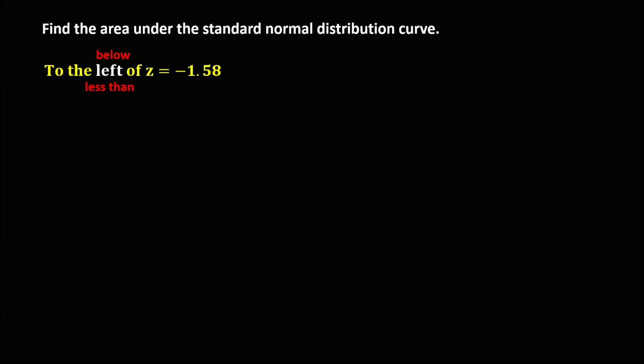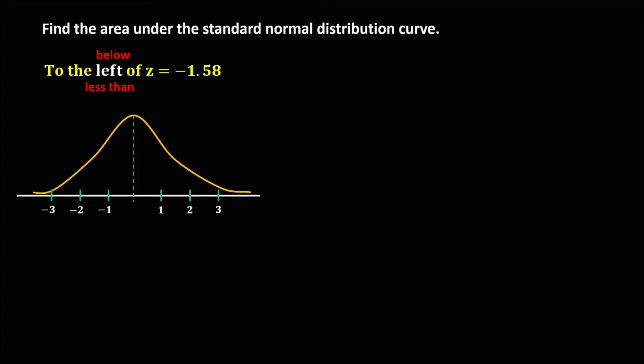Then for this given, to the left or below or less than, z equals negative 1.58. So again, in a normal curve, let's assume this is negative 1.58. Since to the left, below or less than, therefore, this is now the unknown area.